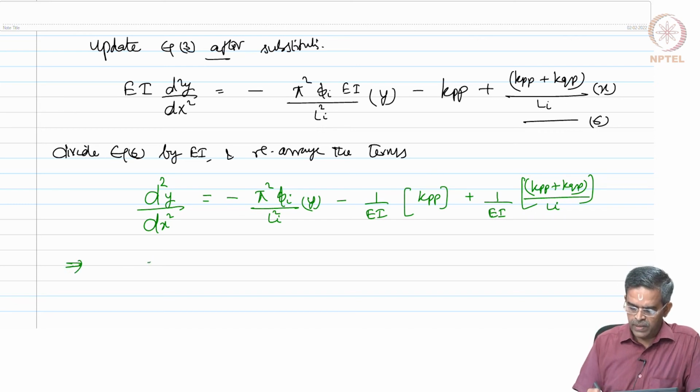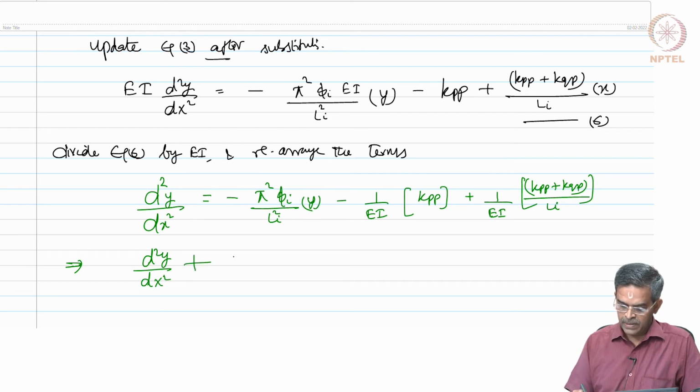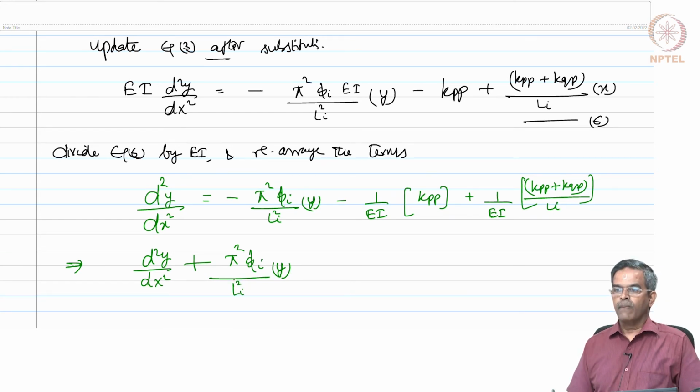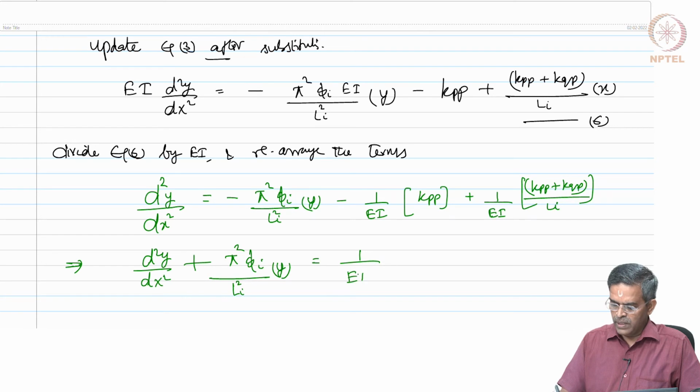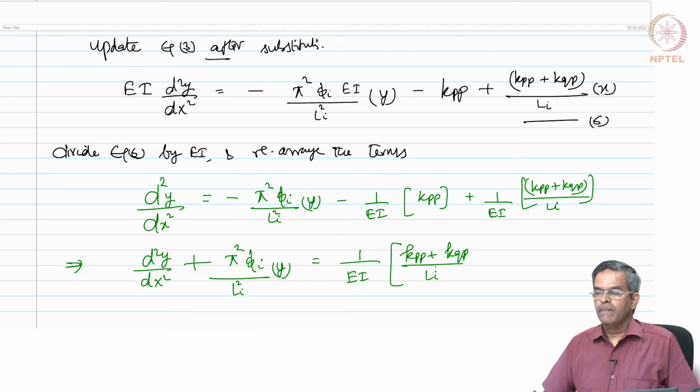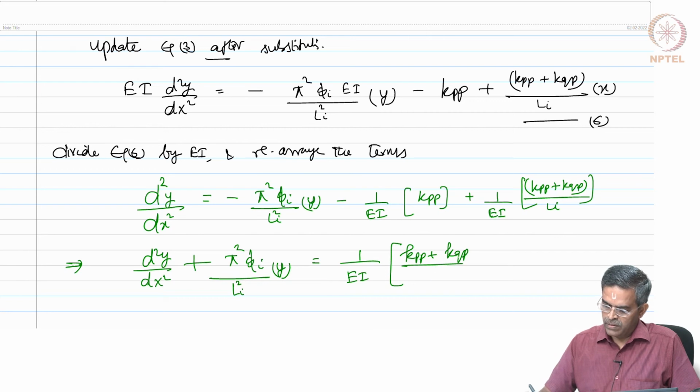Let me rearrange it further. d square y by dx square plus pi square phi I by Li square into y is equal to 1 by EI of KQP by Li into x by Li minus KPP.